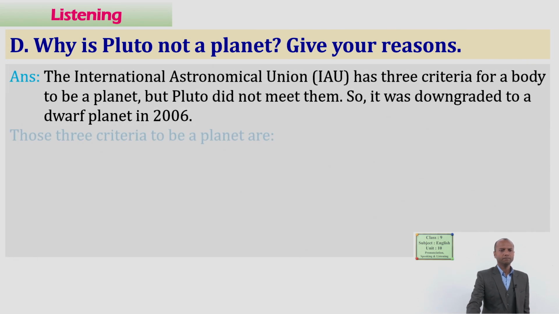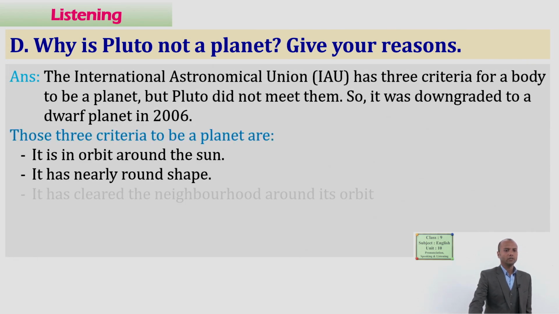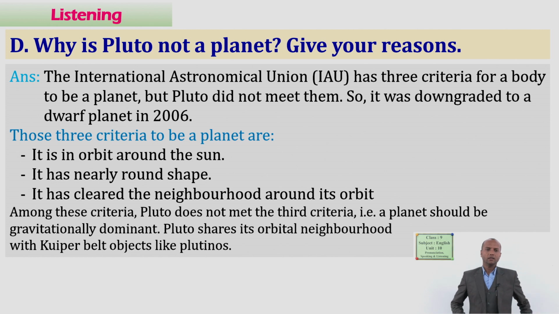Let's see them. The International Astronomical Union, IAU, has 3 criteria for a body to be a planet, but Pluto did not meet them, so it was downgraded to a dwarf planet in 2006. Those 3 criteria set by the IAU were: it is in orbit around the Sun.